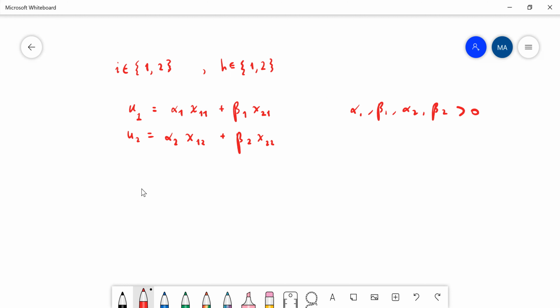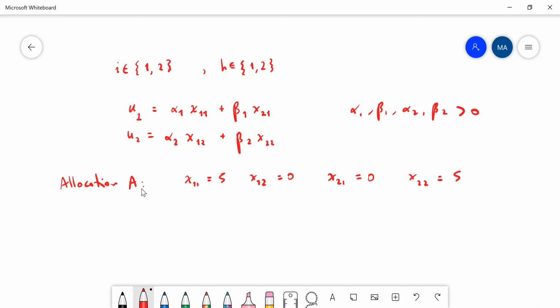Now you may imagine different allocations. Let's say allocation A. In this allocation, let's say x11 is equal to 5, x12 is equal to 0, x21 is equal to 0, x22 is equal to 5.